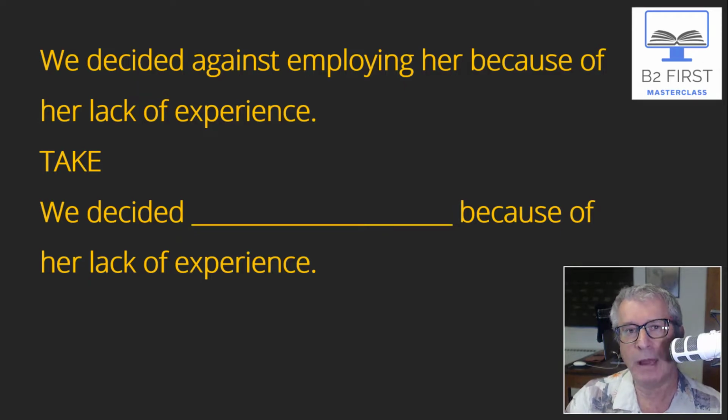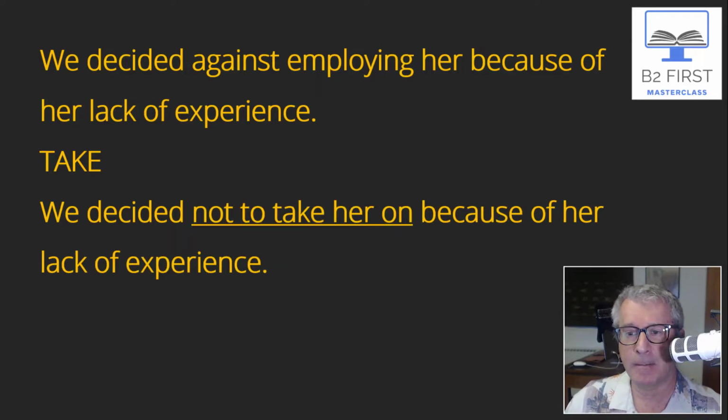Remember, you must write between 2 and 5 words in the gap, and contractions count as 2 words. Do you know the phrasal verb which means to employ someone? If you do, you may have this answer. We decided not to take her on because of her lack of experience.